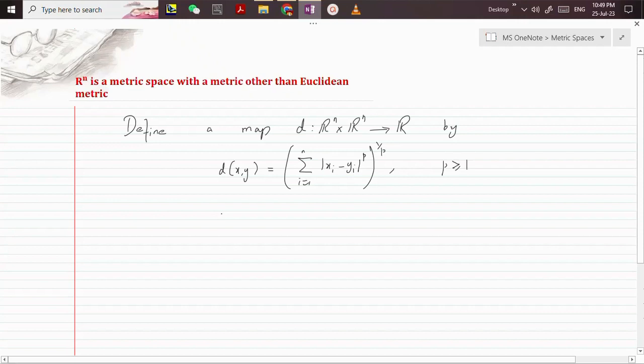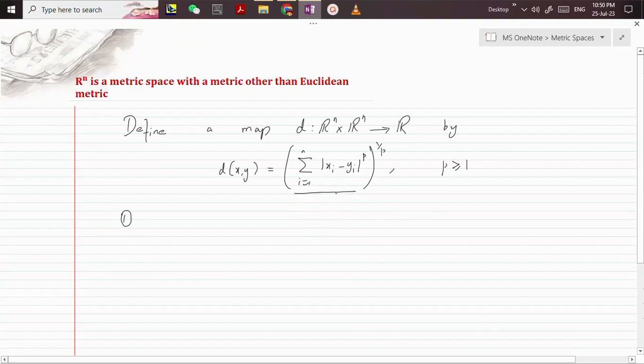So D of xy equals summation i from 1 to n mod of xi minus yi power p, whole power 1 by p. First of all, the non-negativity. Since the function D involves mod here, and the mod power p where p is greater than or equal to 1 is also non-negative, the summation of all these modulus power p is non-negative. This term is also non-negative.